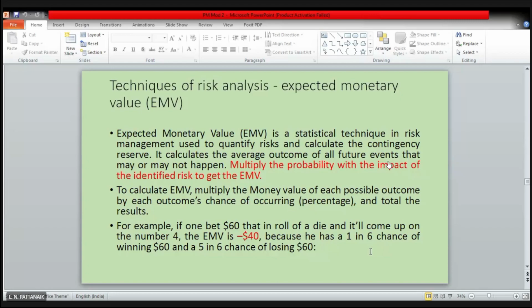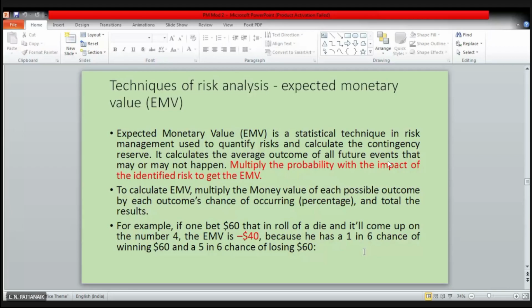So here you are finding EMV, the expected monetary value, and that in fact is very simple. It is just the multiplication of the probability of that event happening. Because as I said, when you are discussing risk, you are not sure. If you are sure, then it is not a kind of risk you are talking about. All the risks that you are analyzing beforehand have some probability between 0 and 1, and the closer to 1, the more probable it is to happen.